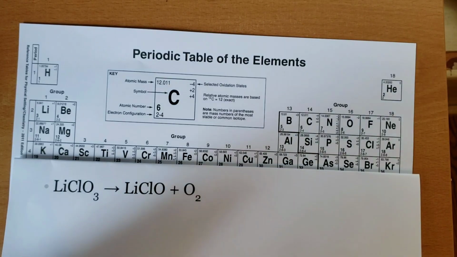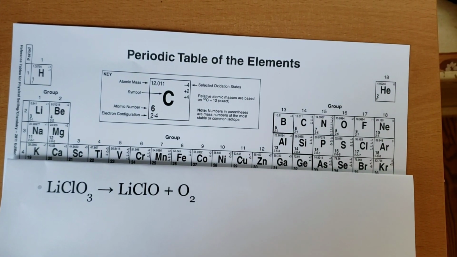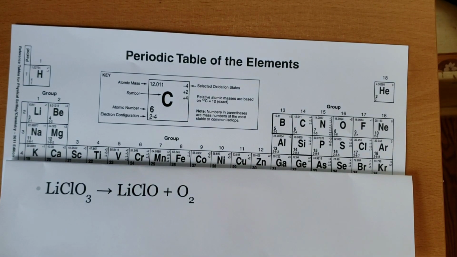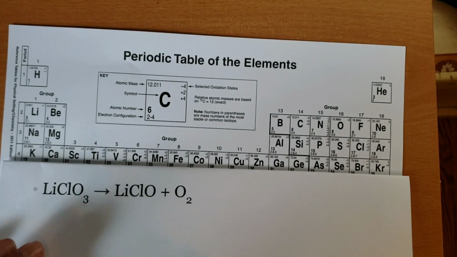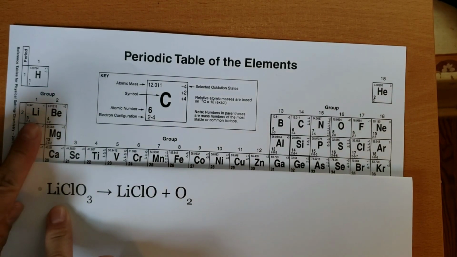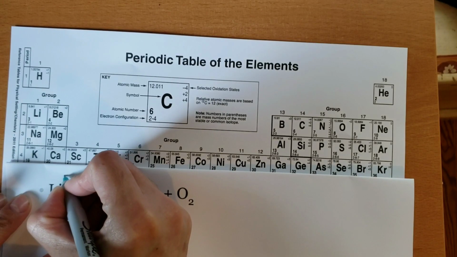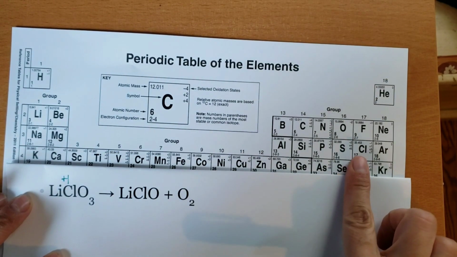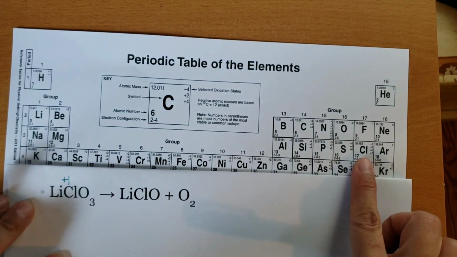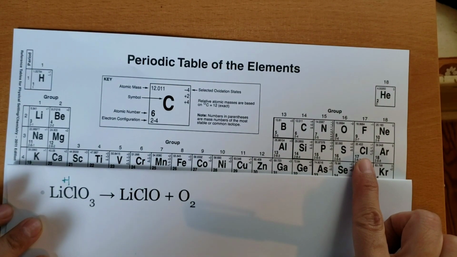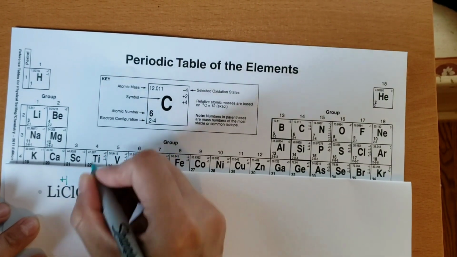Let's look at this final example here and see if we can identify the species oxidized and the species reduced. In order to do so, we'll have to assign oxidation numbers. So lithium here, we can see element number 3 is always a +1 in a bond. But chlorine, element number 17, has many oxidation states. So in order to figure it out, we have to look at the next element, oxygen, which is always -2 in a bond.